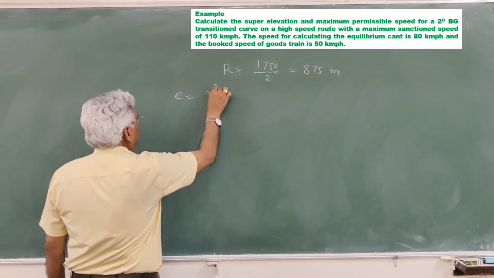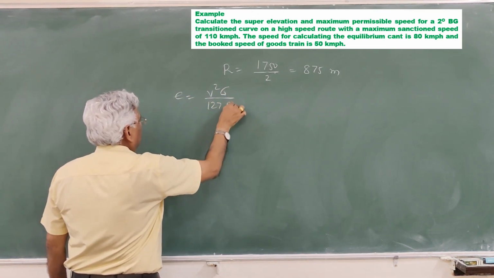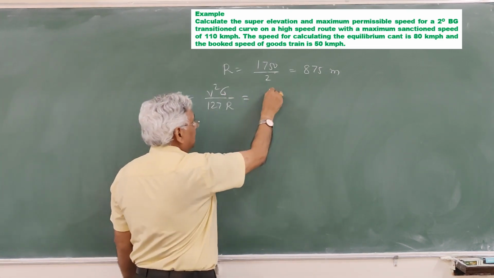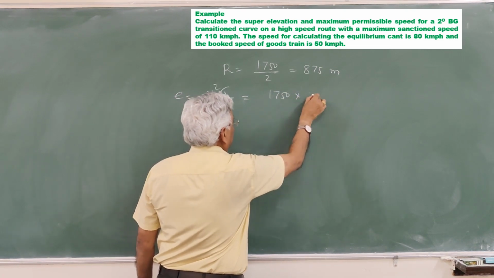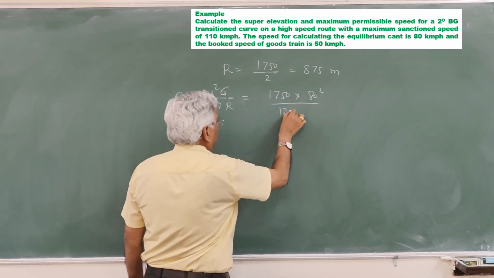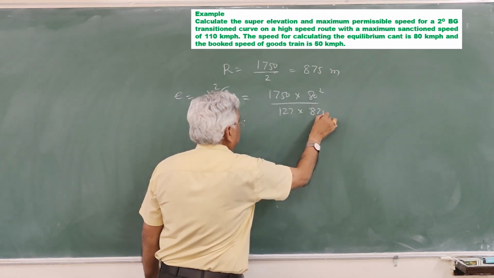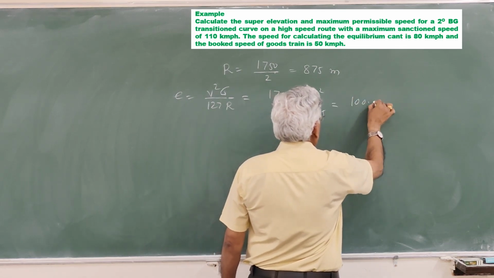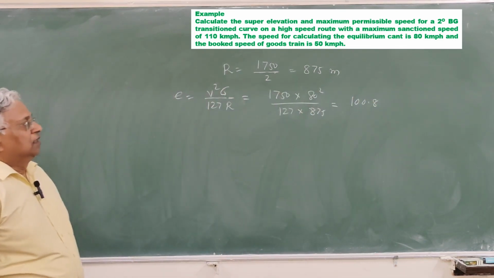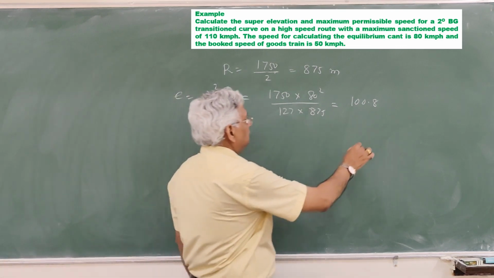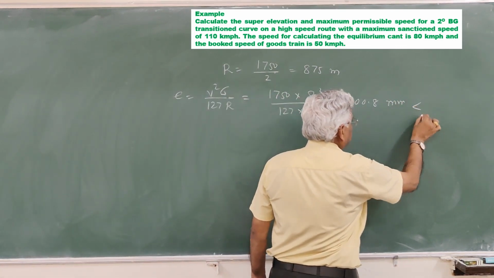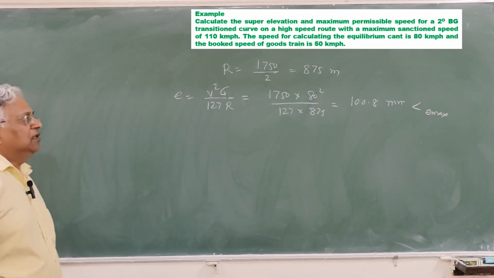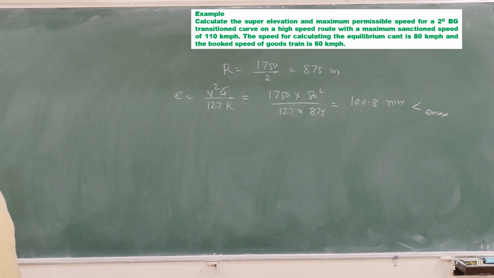So E is equal to V square G on 127 R. Dynamic gauge, broad gauge 1750 into 80 square upon 127 into 875, and this is 100.8 millimeter. Now this is less than Emax, and therefore it is okay.